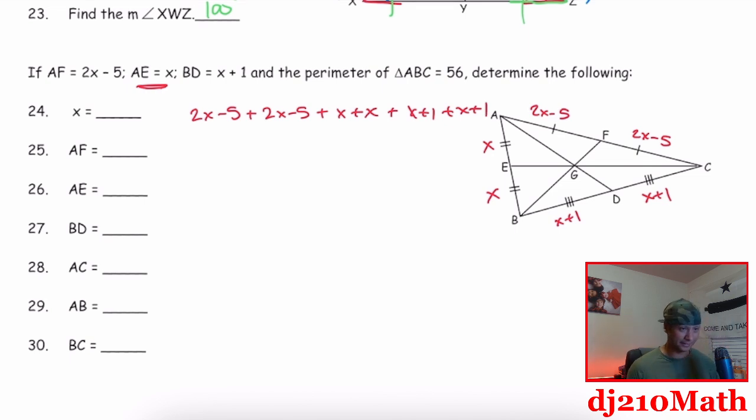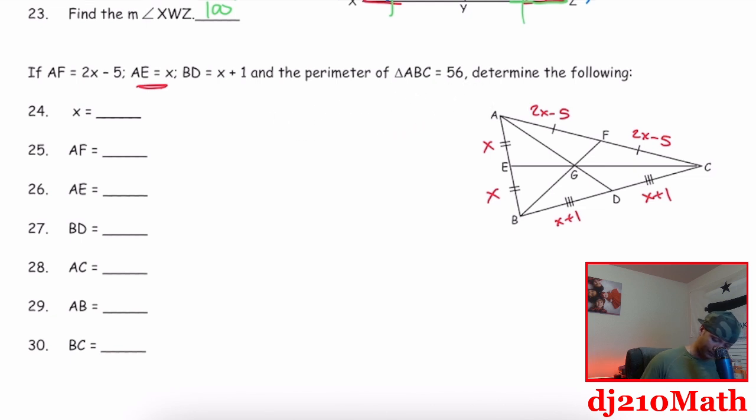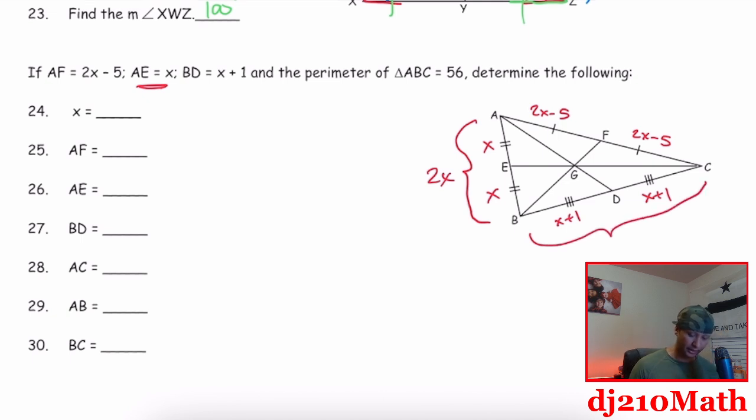Wow, that is pretty insane. We just combine all the like terms, and this should equal 56. Let's do it like this because this is kind of out of hand. This side, AB, is x plus x, so this is 2x. This side is x plus x, so 2x plus 2. We're just combining like terms one time.